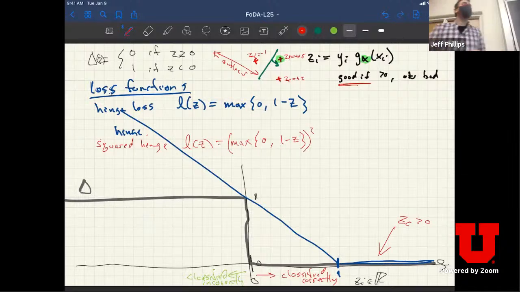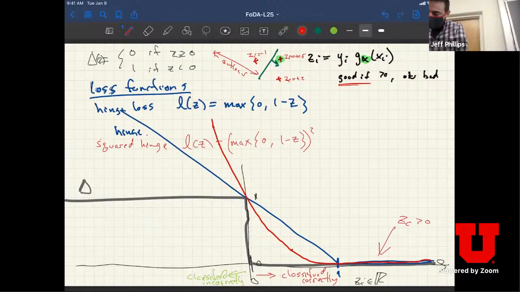Okay, let's look at the smooth hinge loss function. What is this going to look like? It's going to be the same here. It's smooth up until, if the zi value is greater than 1, that's going to give me a value of 0. And then it's going to look like this.